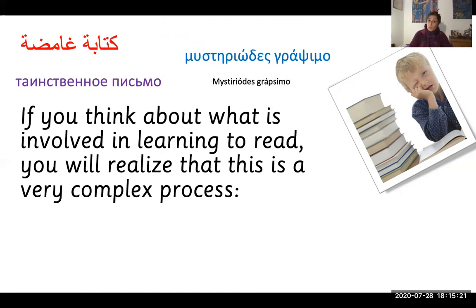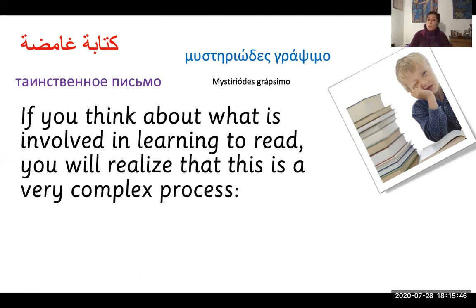Now, what about this? Mysteriodes grapsimo. Oh, that's my alphabet. I recognize the letters. So I could assign a sound to each of those letters, blend them, put them together from left to right, and I was able to sound out a word.